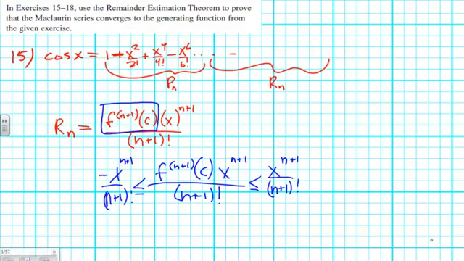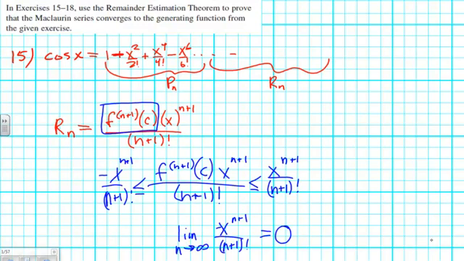And then what do we know? Now I might ask, well, what's the limit as n approaches infinity of negative x to the n plus 1 power over n plus 1 factorial? And the answer to that is it's equal to 0. The reason is that x to the n gets dominated by n plus 1 factorial, and the factorial just grows so much faster.